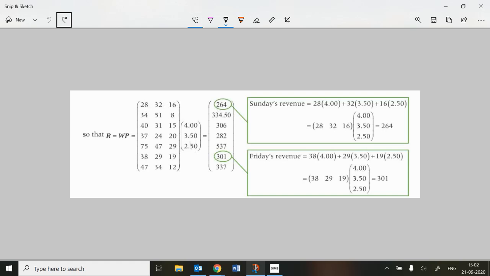Okay, now I just thought of a little extension here actually. If you wanted to actually have your total revenue here, so this is obviously just giving you a vector for each of your days. If you want your total revenue, you could actually do that by adding on another matrix at the start.